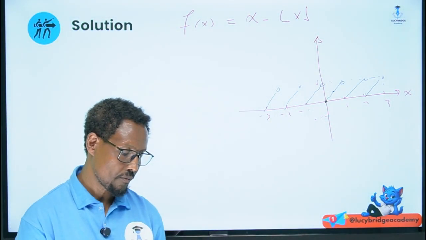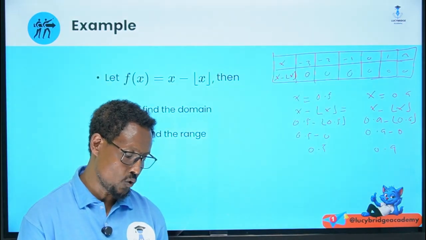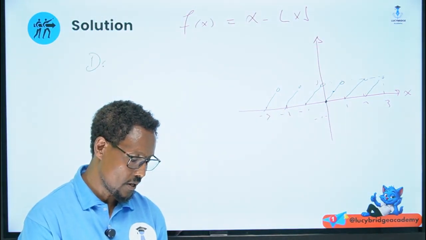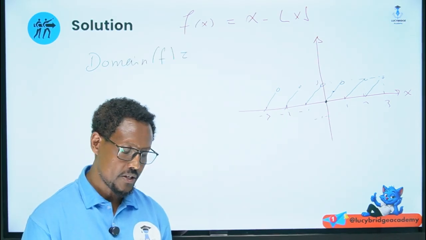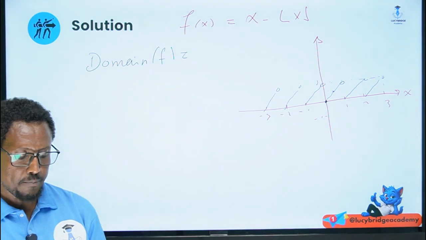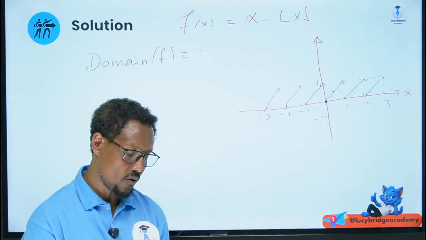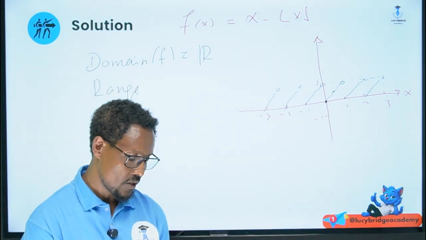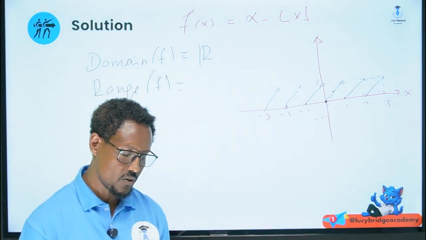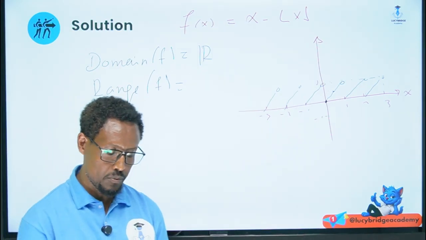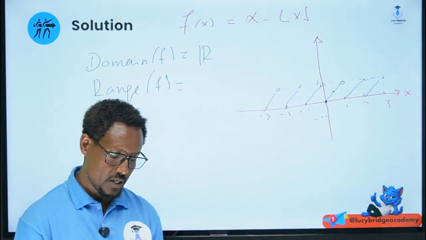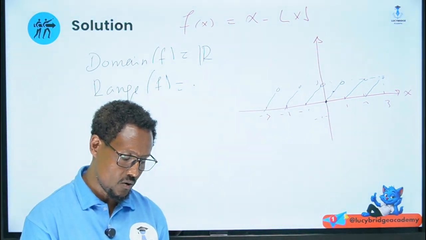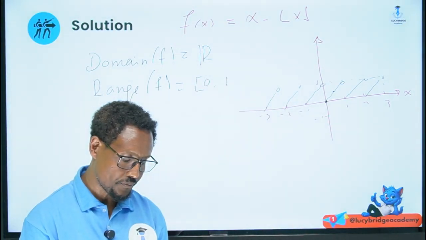Now, we are asked to find the domain of f, which is equal to the set of all real numbers. What about the range of f? Look, the range is always between 0 and 1. So it is 0 less than or equal to y, less than 1.